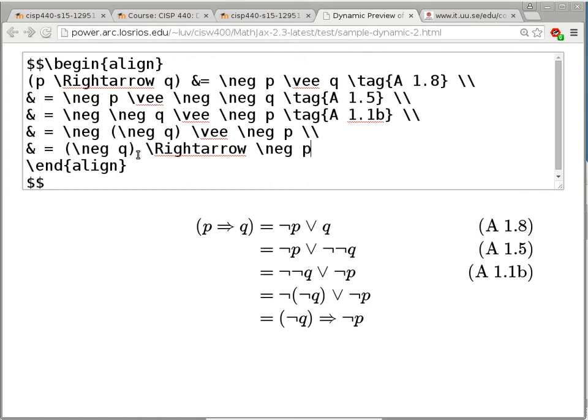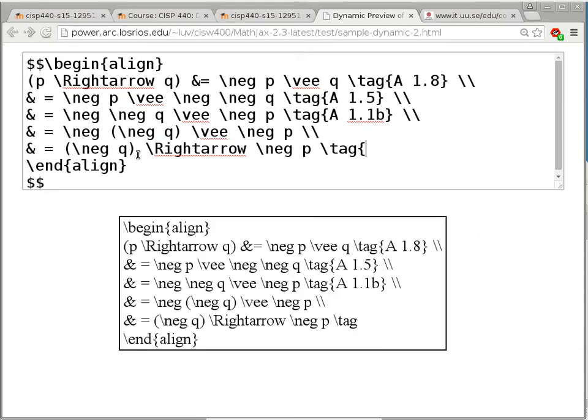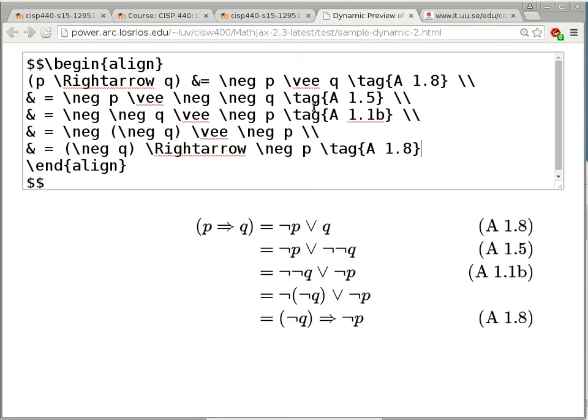So now we have our answer. Are we doing okay so far with this one? And I have to tag it with axiom 1.8, but this is going in the opposite direction. So this is tag axiom 1.8 again. That's the conclusion of our proof.